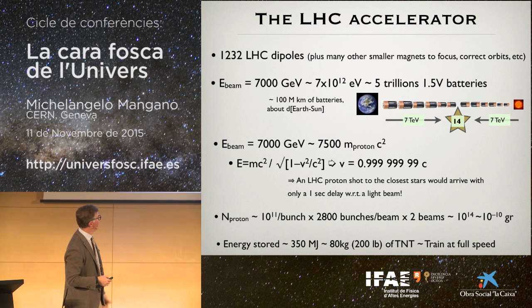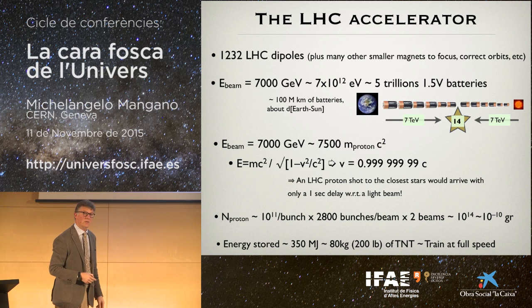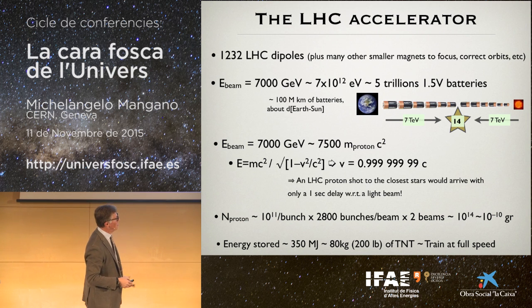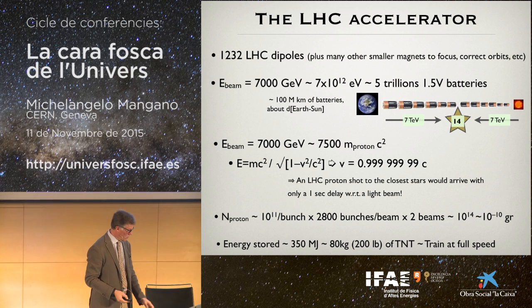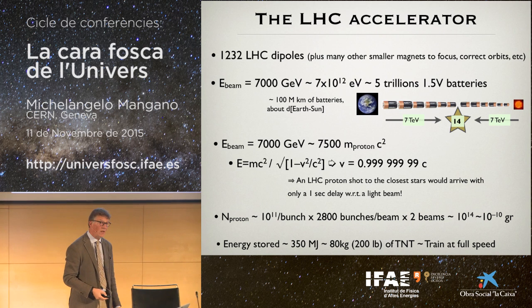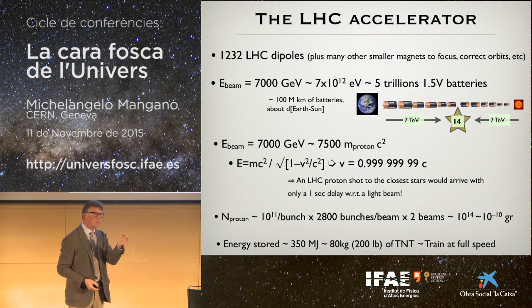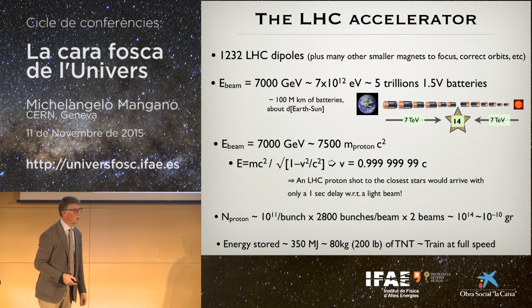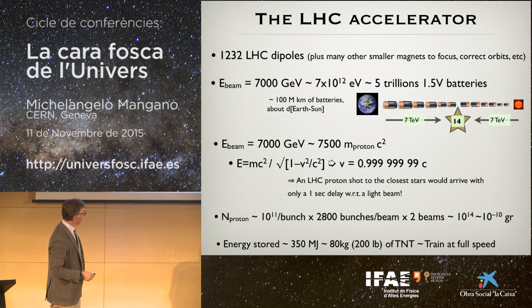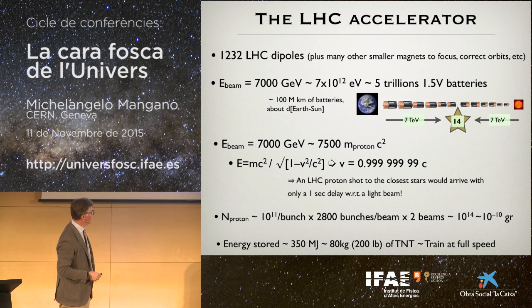Altogether, when it operates, there is a large number of protons inside the ring, 10 to the 14, so almost a million billions. But at the end, the proton is so light that this is 10 to the minus 10 grams, so absolutely nothing. Nevertheless, this very tiny amount of matter has so much energy that what we get stored in the beam is 350 megajoules, which corresponds to the energy released by 80 kilograms of TNT.